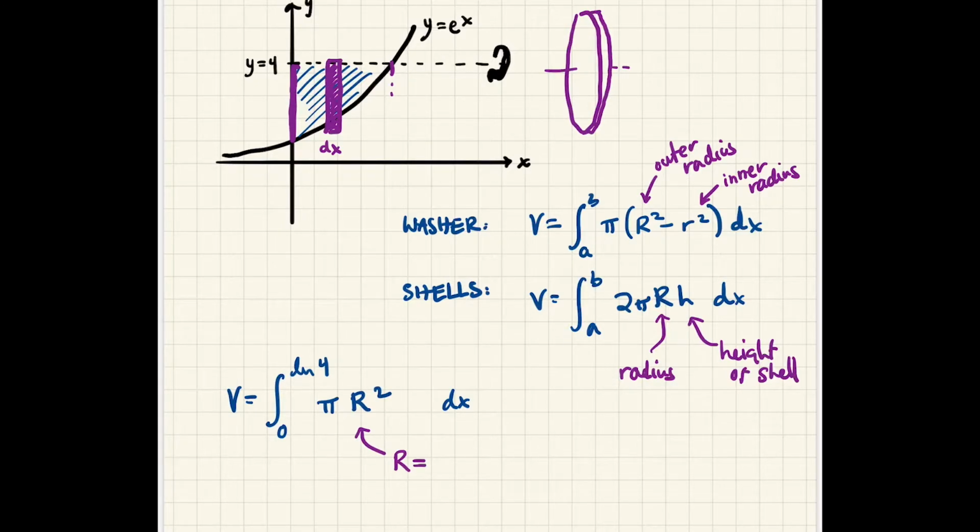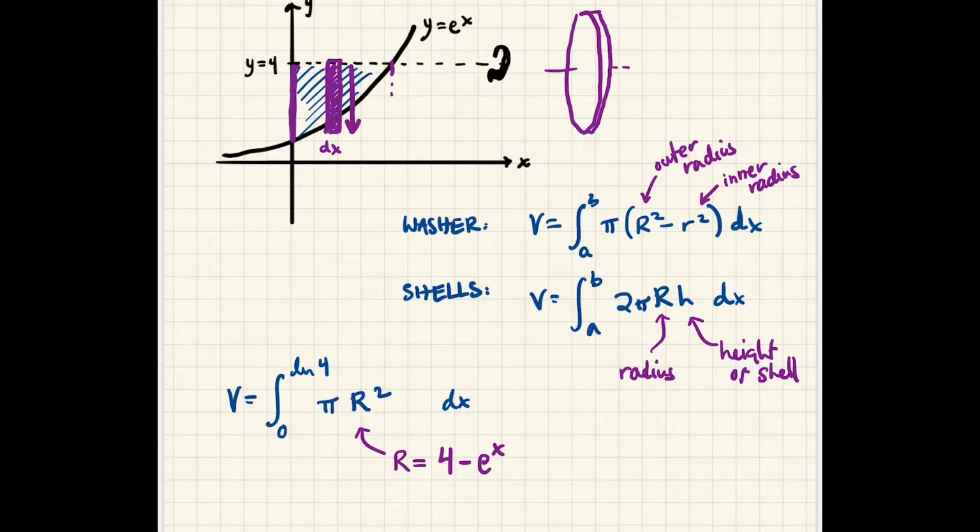All right, well, capital R is this measure here that is read from the axis of rotation to the end of our rectangle. So we can see that capital R is going to be 4 minus the height of the function, e to the x.